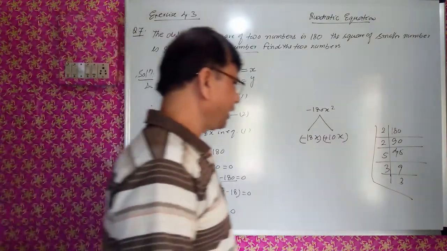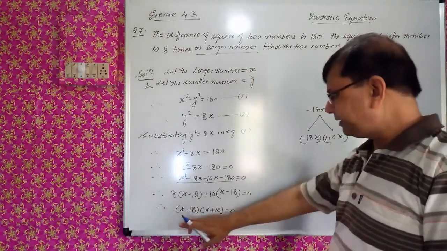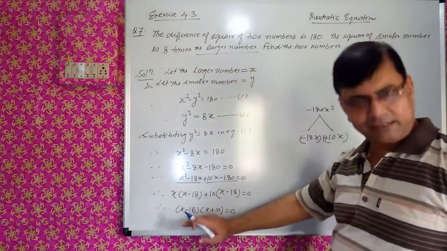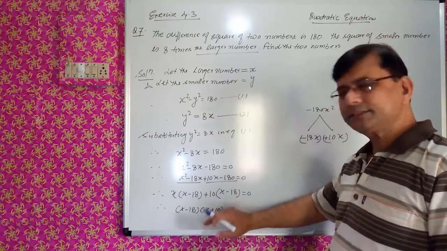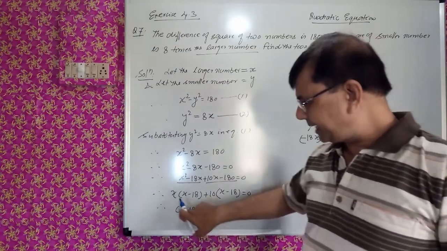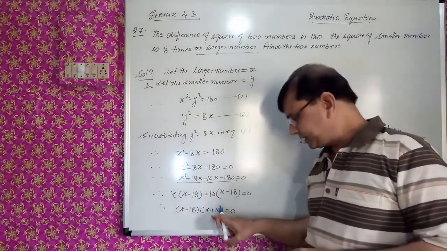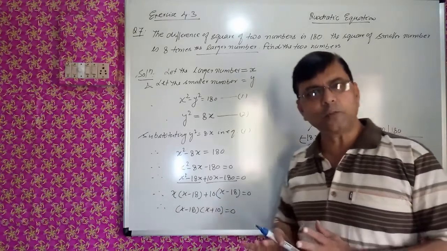Right? So how did we start? We started from here, assuming the numbers. So finally we reached the two factors, x minus 18 and x plus 10, and the product of this is 0. Then either this will be 0 or this factor will be 0. Either of these two has to be 0, then only the product will be 0.